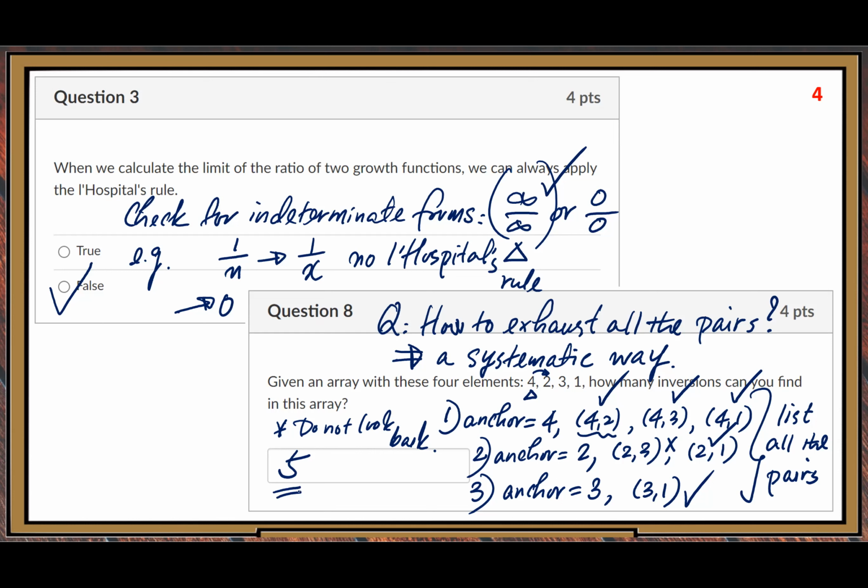All right. Here I just give you a systematic counting method. Then let me extend it to our midterm question. In the midterm question, I may give you a similar question with a few more elements. The question is, can you apply the systematic counting way to get a correct answer without missing any inversion?